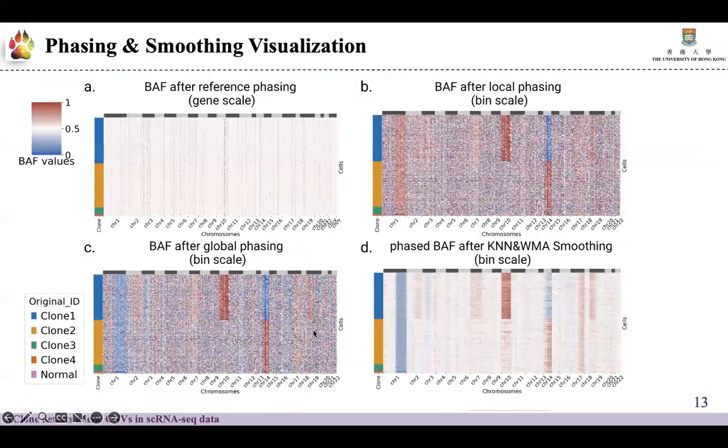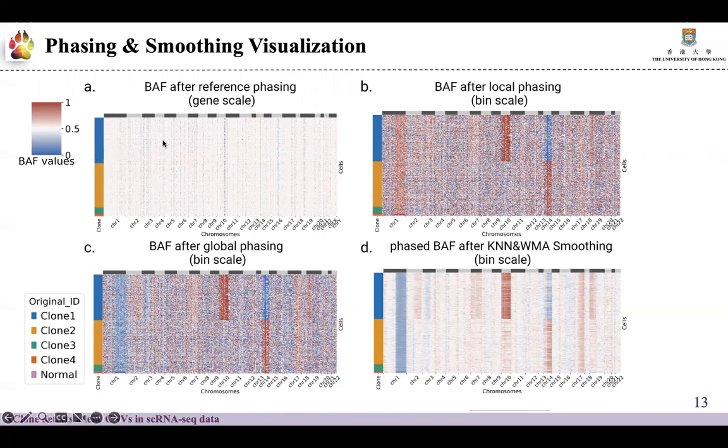We can intuitively see the function of the phasing and smoothing through the visualization of B allele frequency at different stages. Here I show one example from a glioma sample dataset.